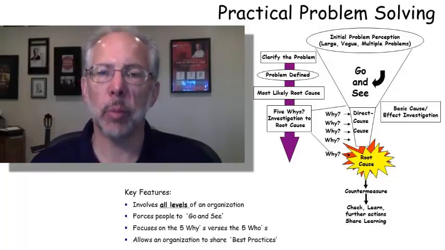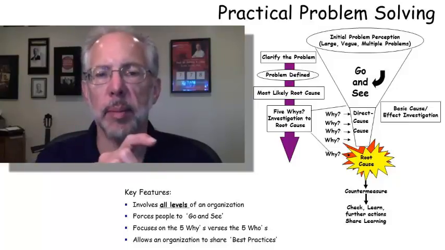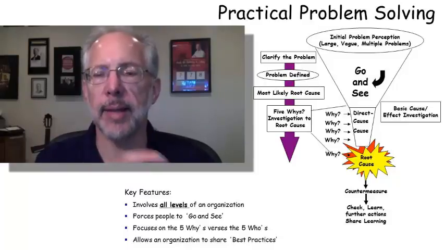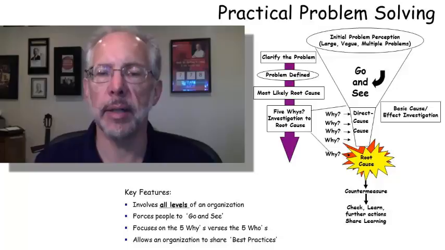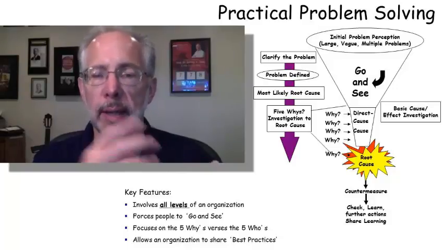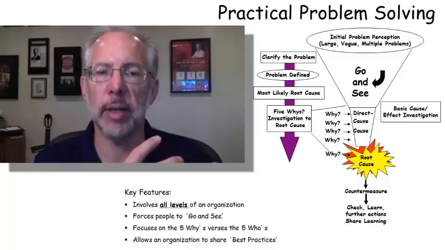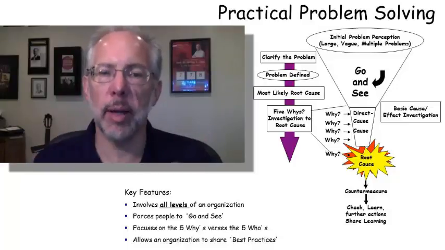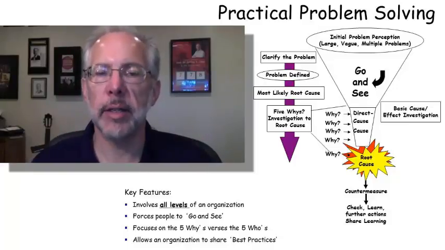But then we have to ask why it stalled, and that may lead to a specific technical problem that caused it to stall. And then we have to ask why that technical problem occurred, and that may lead to something in the plant, like there was dust in the engine that should not have been there. It may lead to a design issue in engineering, and the whys will take you wherever they take you until you get to what you think is the root cause.